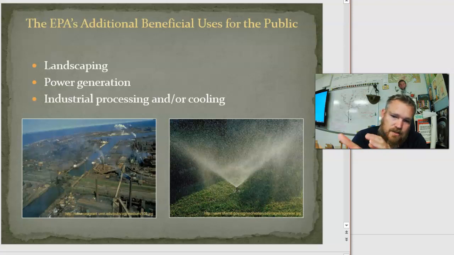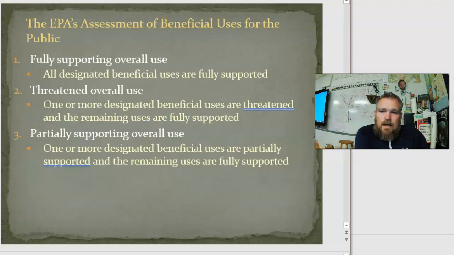And then, along the same lines, industrial processing and cooling. A lot of industry pulls water from rivers, uses it to cool equipment, and then pushes it back out into the river. So making sure that it's clean when it goes out is pretty important as well.